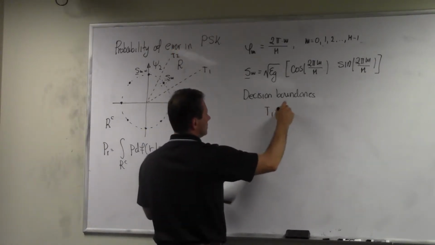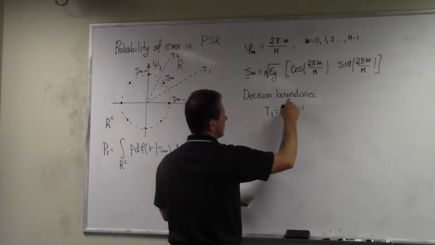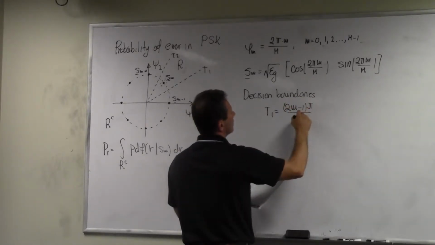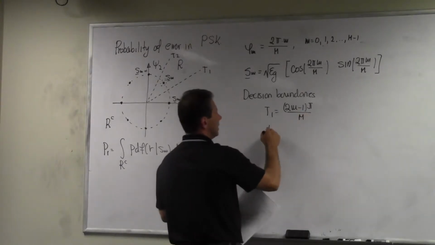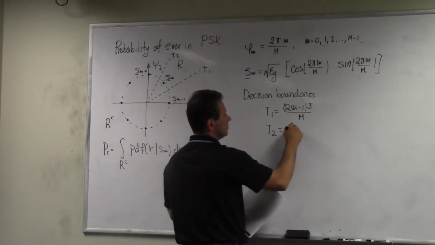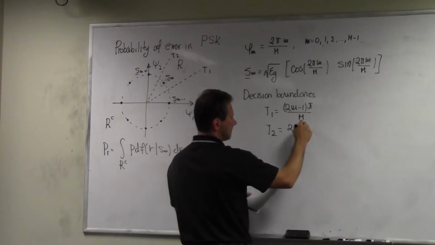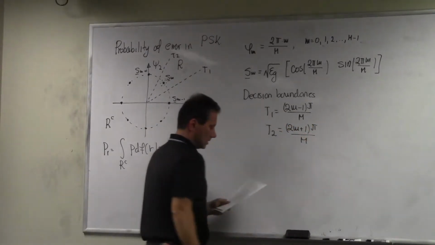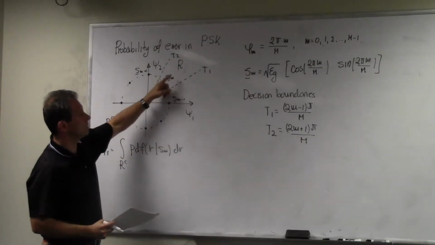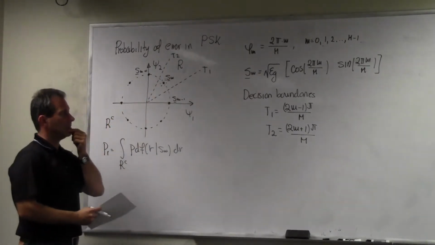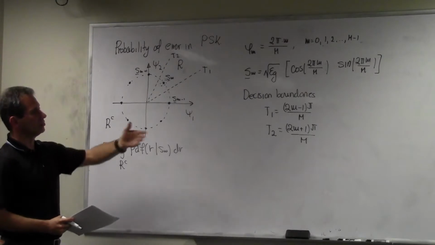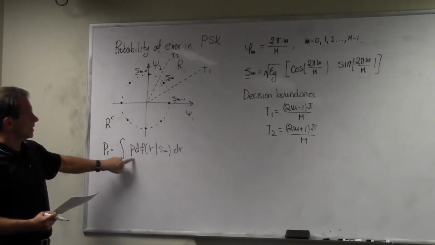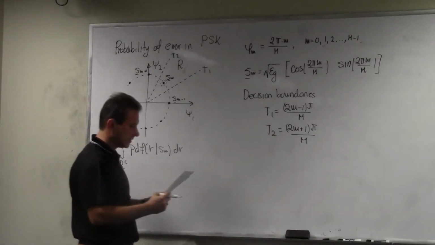T1 is going to be (2m minus 1) times pi over M, and T2 is going to be (2m plus 1) times pi over M. So these are the two adjacent boundaries in terms of m and, I guess, 2 pi over the total circle.